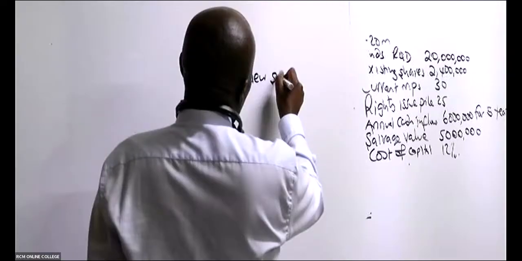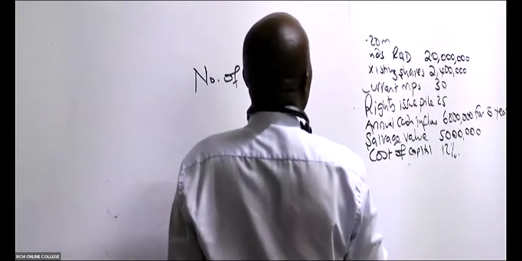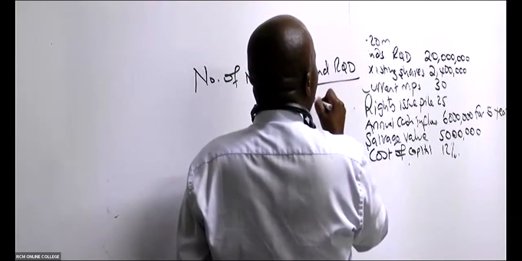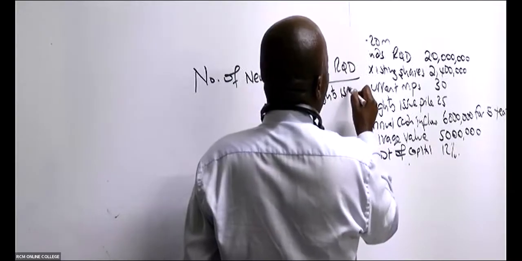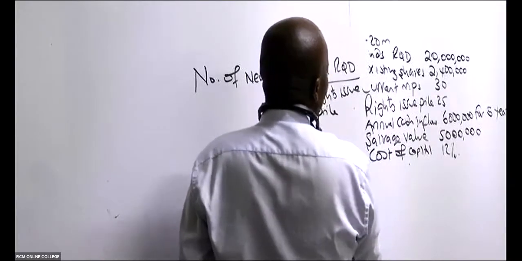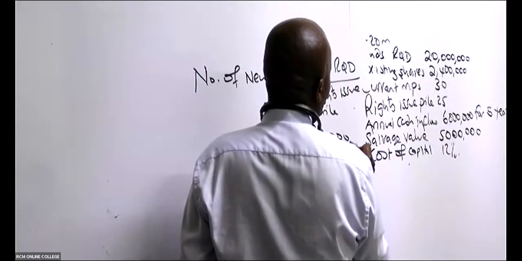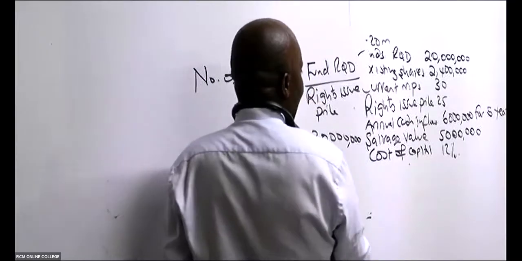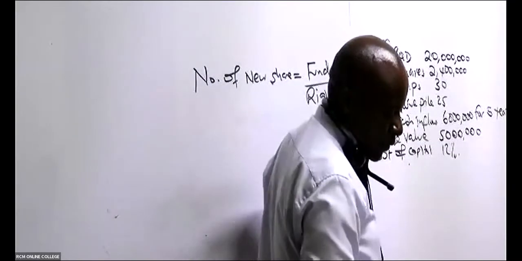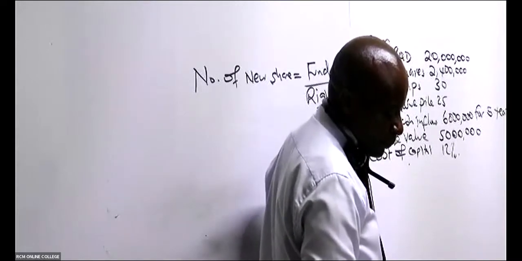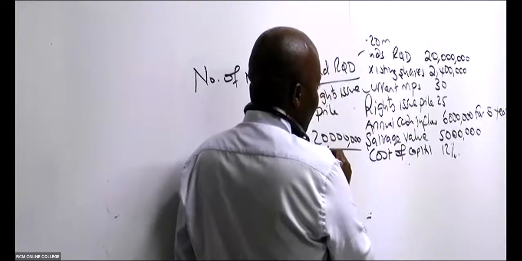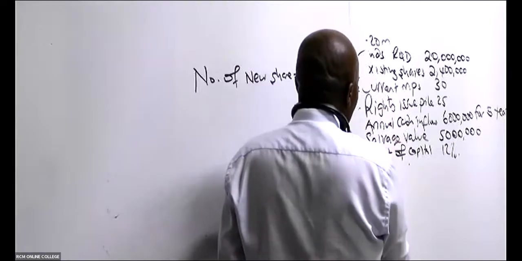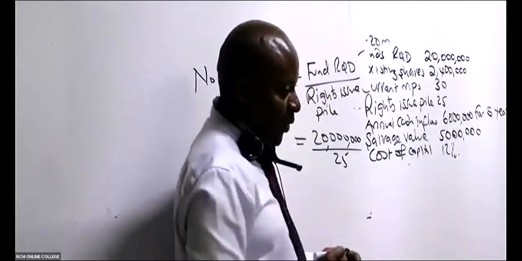New shares is the funds required over the rights issue price. How much do we need in total? 20 million. You told me that. And are you able to see the rights issue price, my good students? The rights issue price is 25.